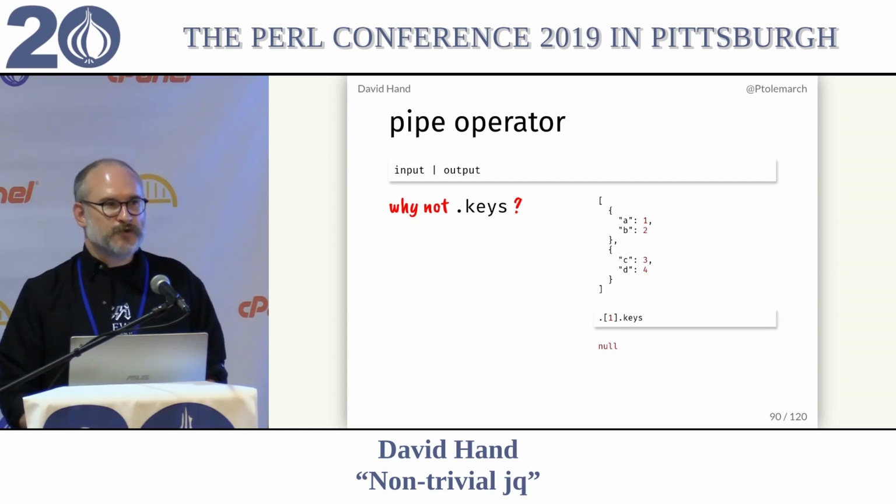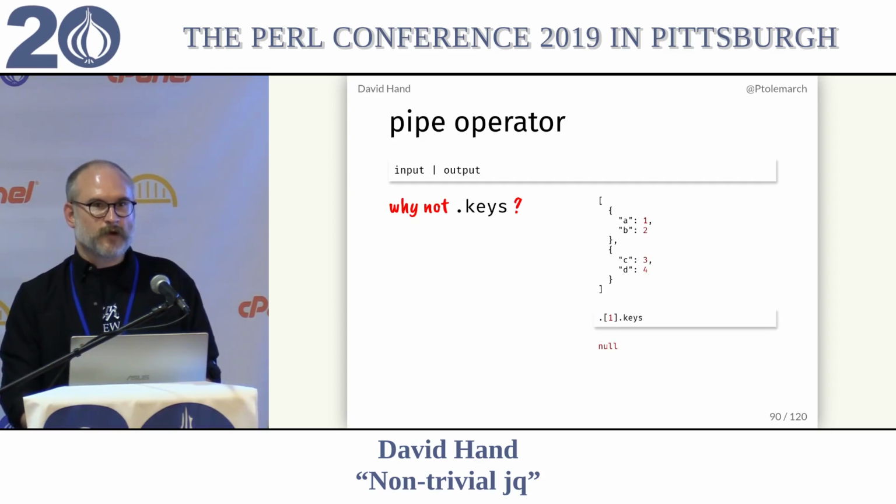You don't just append keys as if it were a method call, right? In this particular case, the second element of that array is an object, right? So you can attempt to dereference it with a string like keys, but you'll get nothing. You get null, right? If it were an array, then you'd get a runtime error.